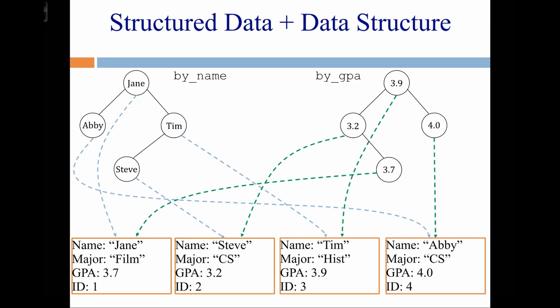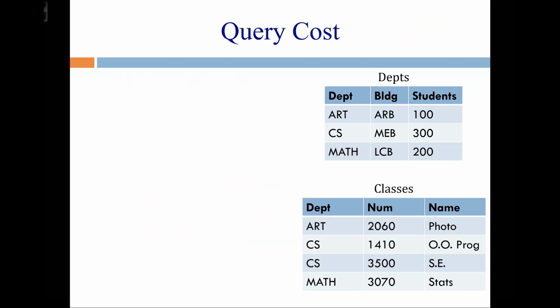And we'll look at the details of how these data structures work in the next lecture, but before getting bogged down in those details, let's just see how we can apply indexes to a database and where we might want to use them based on what kinds of queries we're doing.